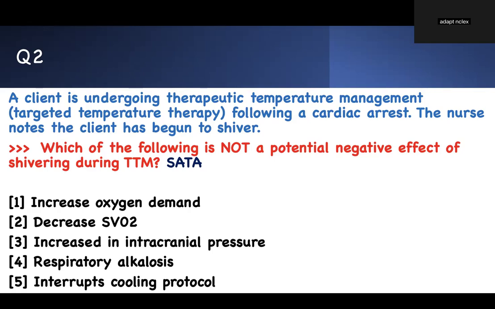The time it takes to attain that targeted temperature will increase. It will take a long time. It will interrupt the cooling protocol. So the only thing that is not a potential negative effect is what? Respiratory alkalosis. It leads to respiratory acidosis. So there's only one answer.